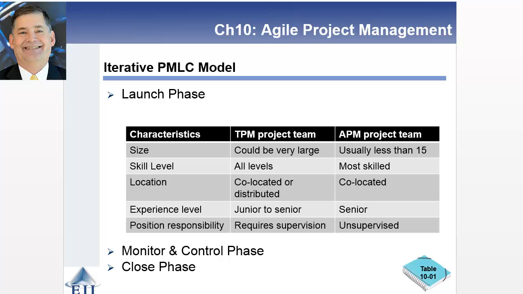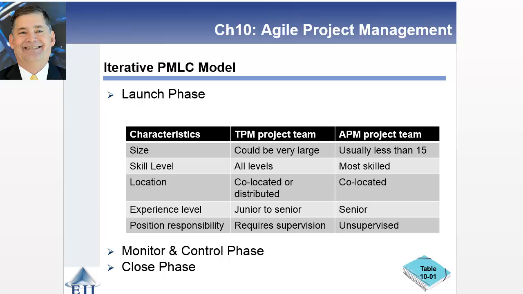Largest is maybe 25 or so. You're going to have very skilled workers. They're all co-located, very senior, and they're typically unsupervised. Okay, so a very different type of team. And as you're working through iterations, you have to be careful because the team may change out and you're going to have to bring someone up to speed on where they are in that particular iteration and where you are in the overall project.